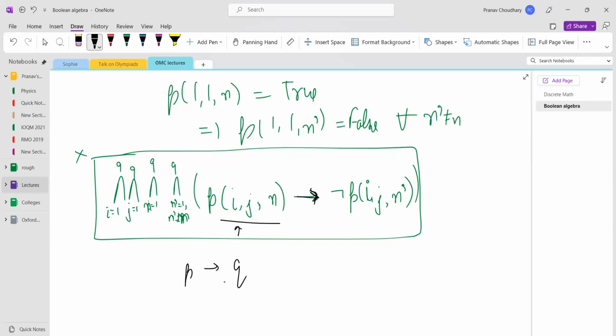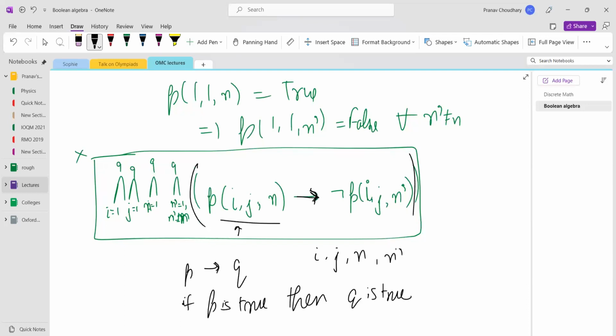So what this function means is P implies Q. This means that if P is true, then Q is also true. But if P is false, then Q can be true or false. We do not really care. So this is one whole condition.